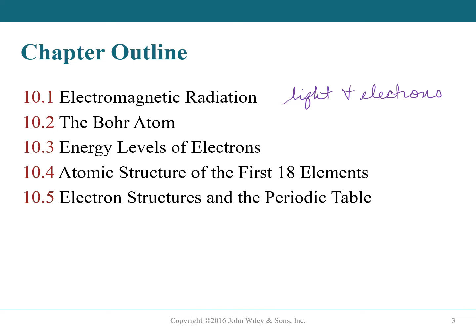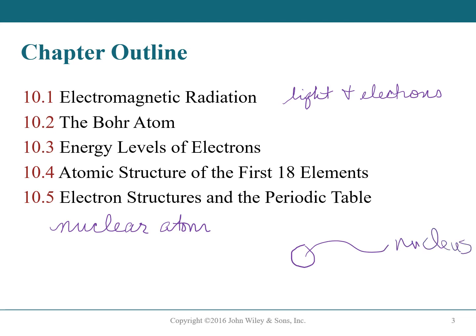So if you recall, when we talked about the nuclear atom, we were saying that in the center was the nucleus, and outside were electrons. But where we left it was we didn't know anything about the electron structure.